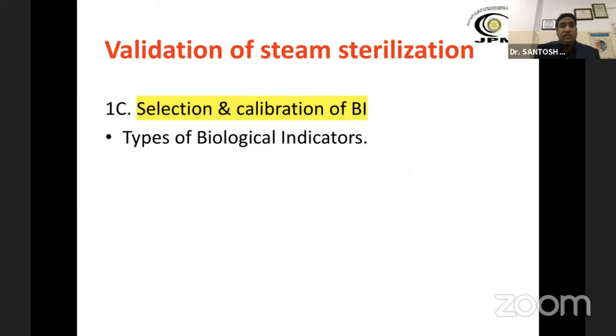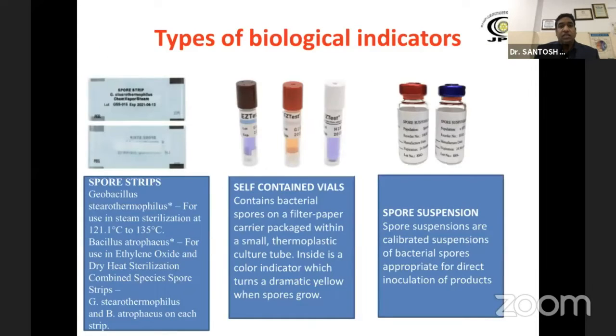There are different indicators as discussed previously. Biological indicators are usually not very commonly used clinically, but they can be spore strips, self-contained vials or spore suspensions, which can be used for different processes of sterilization.